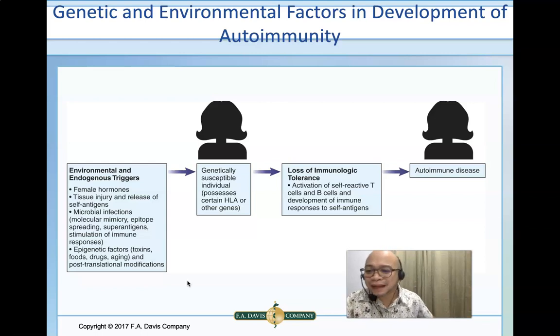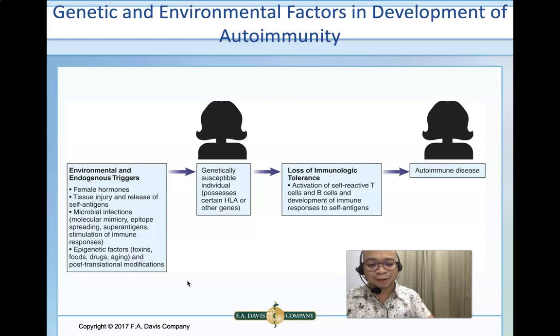Okay. Aside from that, we also have the so-called super antigen stimulation of the immune response. Okay? Super antigens are proteins, and these proteins are actually produced by various types of microorganisms that have the ability to bind to both class 2 molecules and the TCRs found in the lymphocytes, regardless of their antigen specificity.